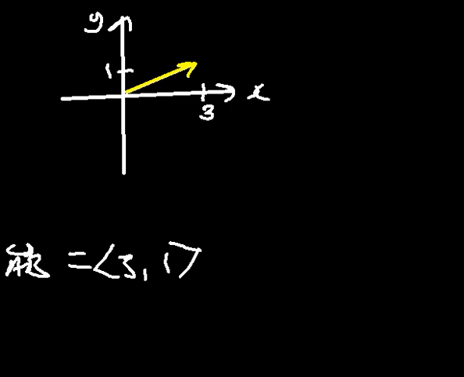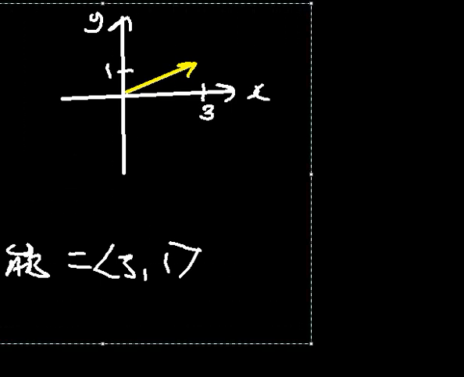Now, what if we have this case? Let's say we have a point A with coordinates 2, 0, 5. This is a three-dimensional coordinate system.